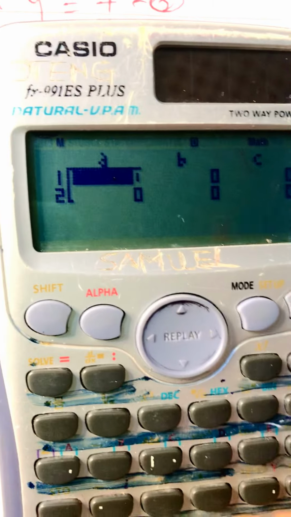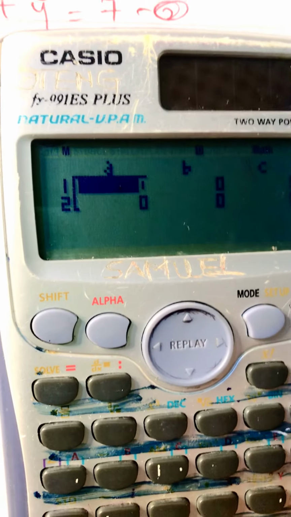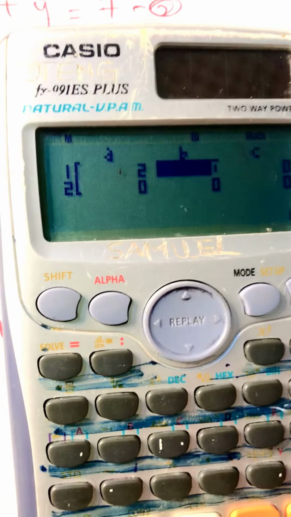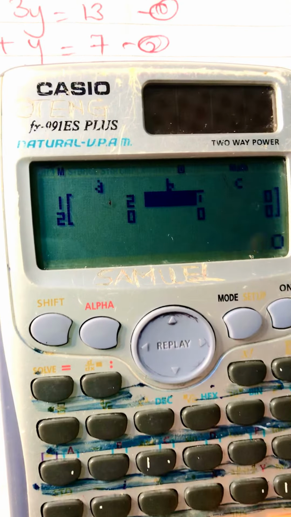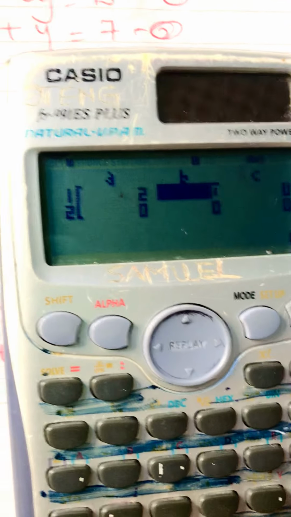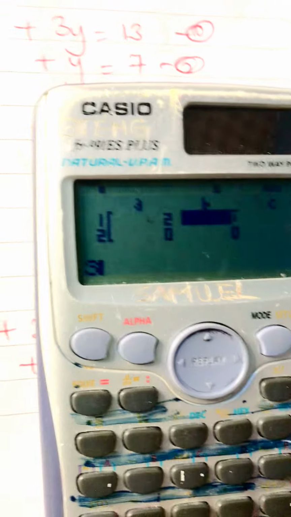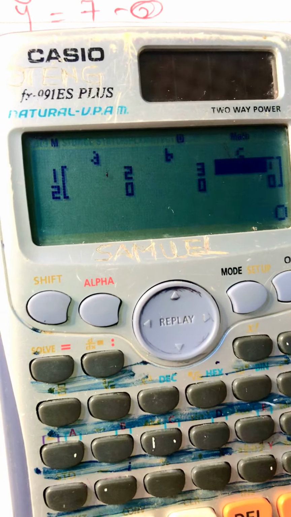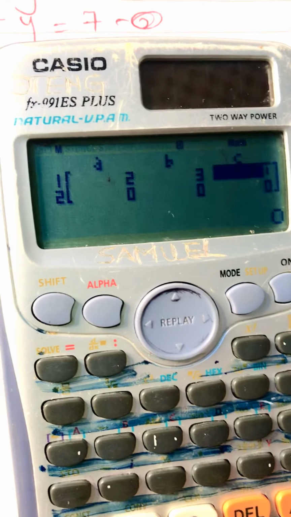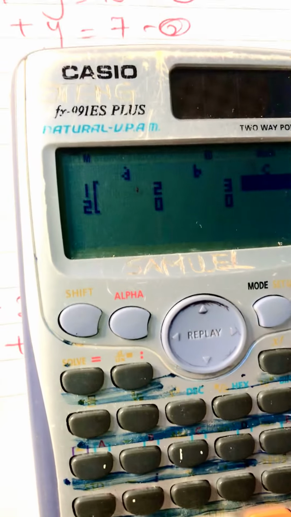So we have the coefficient of x to be 2, so press 2 equals, now the b has been highlighted, that is y over here. Then the coefficient there is 3, so press 3 equals, then you come to the constant, which is 13, so equals 13.